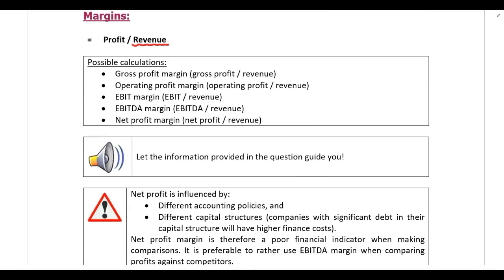Once again, guys, you let the information provided in the question guide you. In this example, we did not have EBIT or EBITDA, so we are going to focus on the operating profit margin because that was disclosed on the face of the statement of comprehensive income. All right. So in this example, we can calculate gross profit margin, we can calculate the operating profit margin, and we can also calculate the net profit margin.